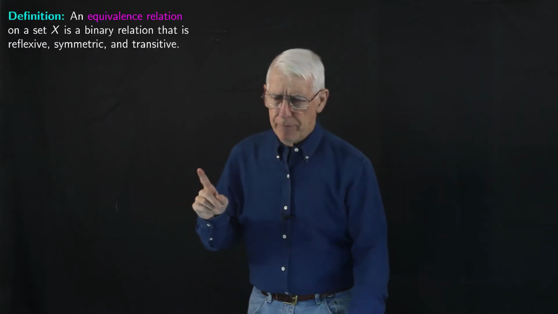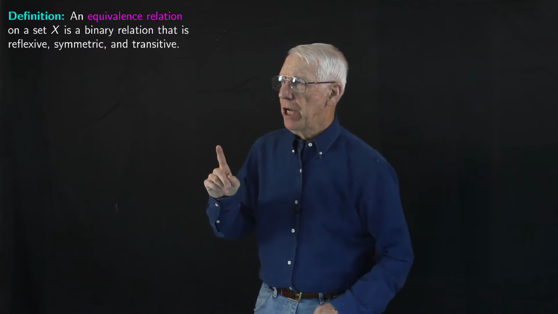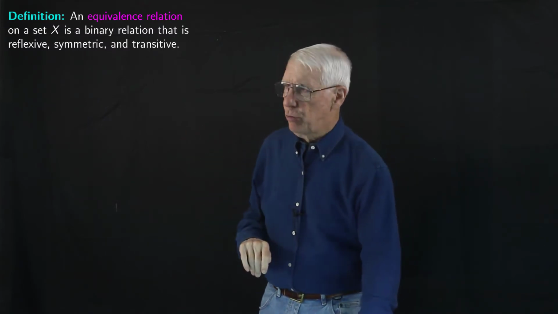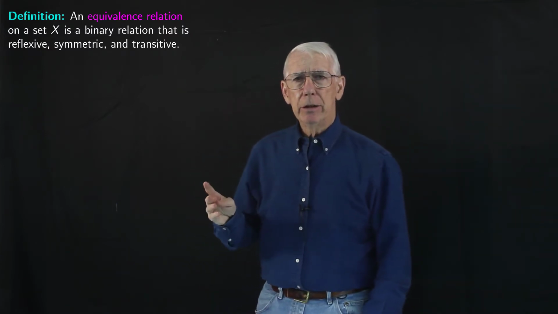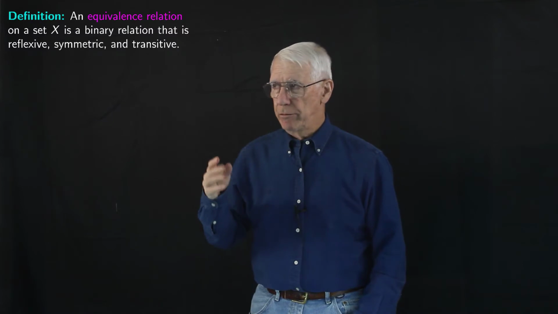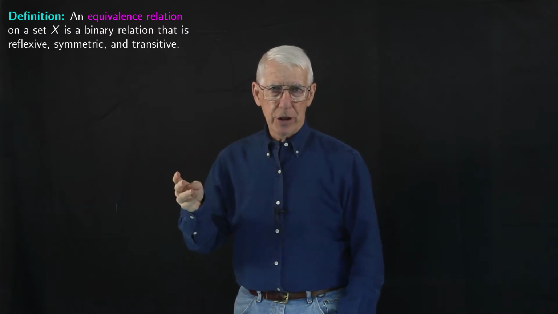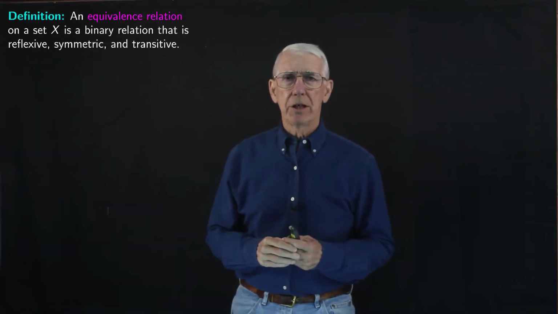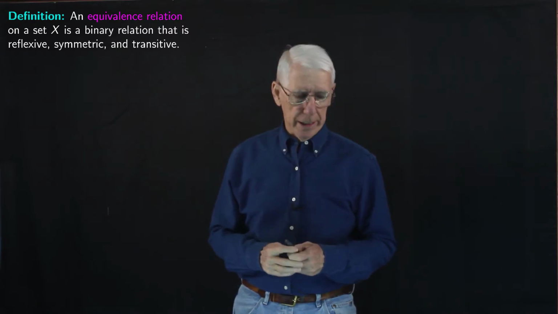So let's start off by just reminding ourselves of the formal definition of an equivalence relation. That is a binary relation on a set, say X, that is reflexive, symmetric, and transitive. And in the two preceding lectures, we saw a number of examples of equivalence relations.